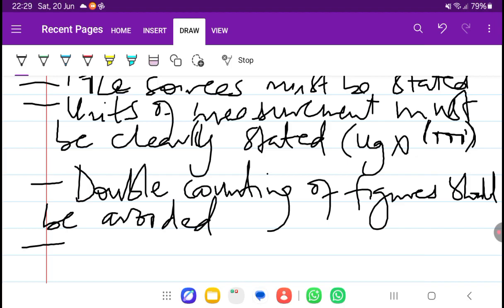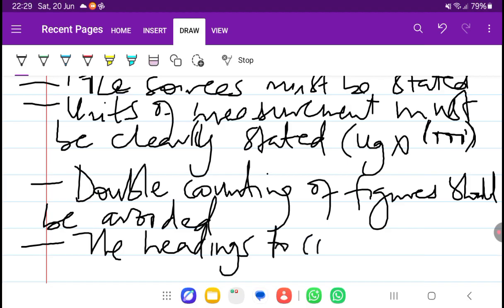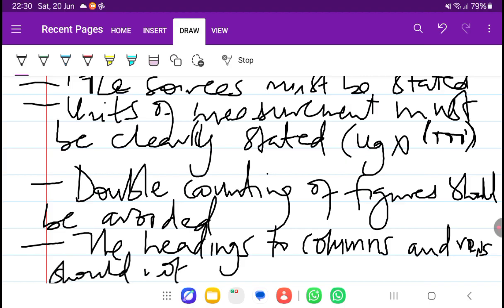Then the other one: since we have said that this data is going to be arranged in columns and rows, the headings to columns and rows should not be ambiguous.